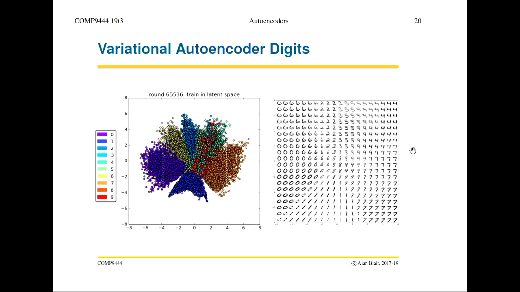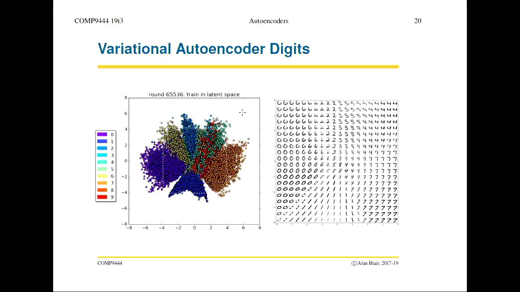This is a picture of what the hidden unit space might look like if we train on those MNIST digits. Each color represents a different digit. All the zeros have been mapped here, and these are the ones and the twos and the threes and so on, and this has been projected from 3 dimensions down to 2 dimensions, but this is what we want to happen.